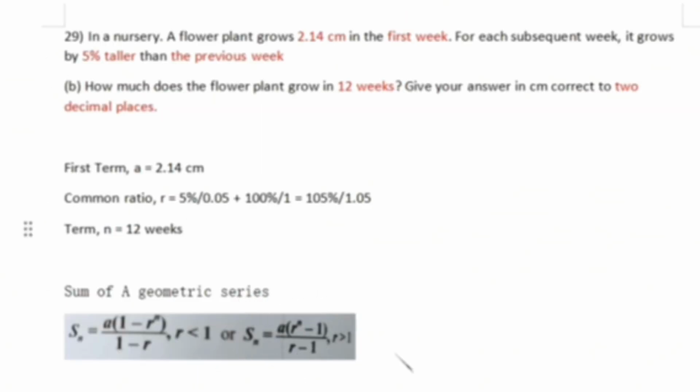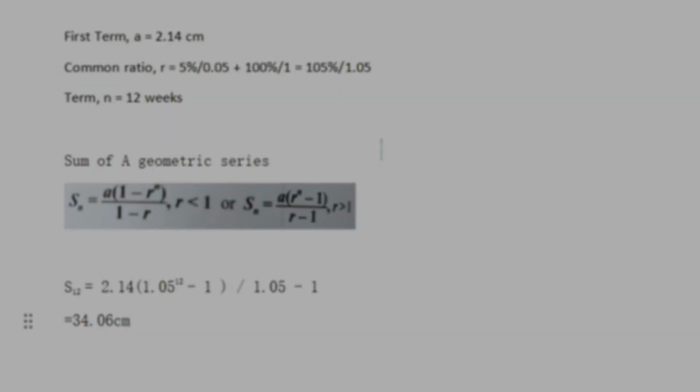We use the r greater than 1 one because our ratio is higher than 1. So I got 34.06 as our answer. Oh, don't forget cm.